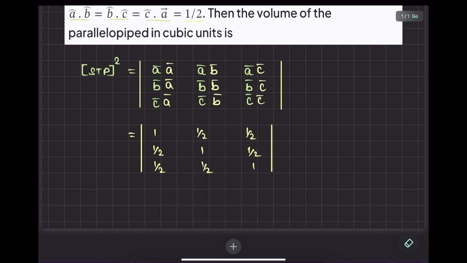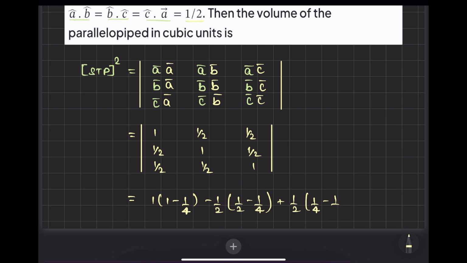Now let's open this determinant. So it is 1 times (1 minus 1 by 4), minus 1 by 2 times (1 by 2 minus 1 by 4), plus 1 by 2 times (1 by 4 minus 1 by 2).